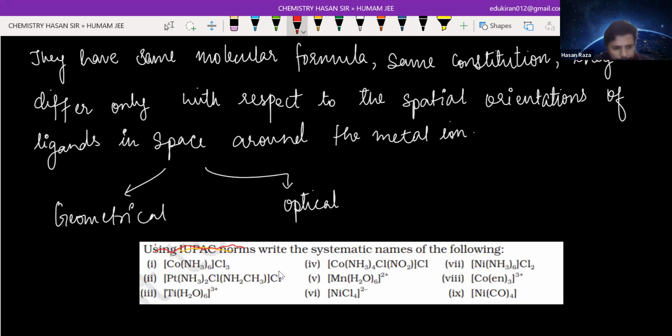You can look at the compound and tell me the coordination number easily. Please do it.